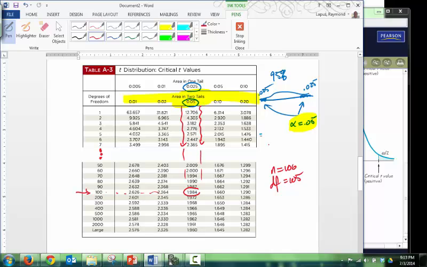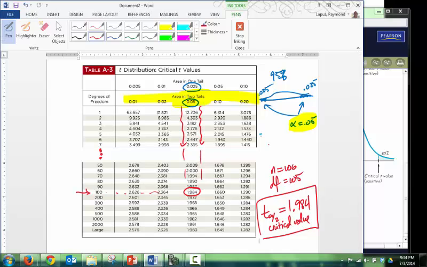It looks like our critical value, which we'll call t sub alpha over 2, is 1.984. Okay. Any questions?